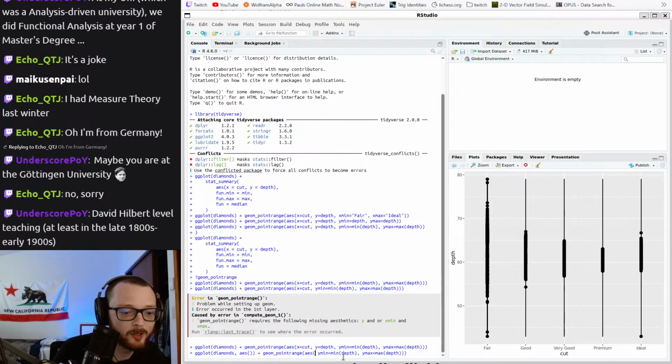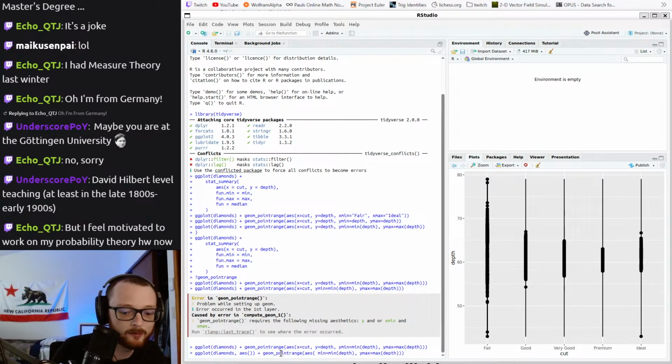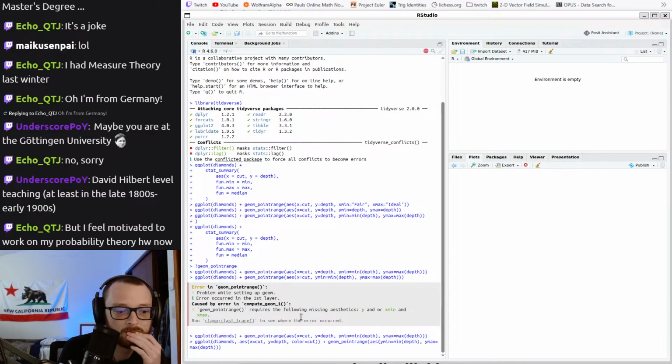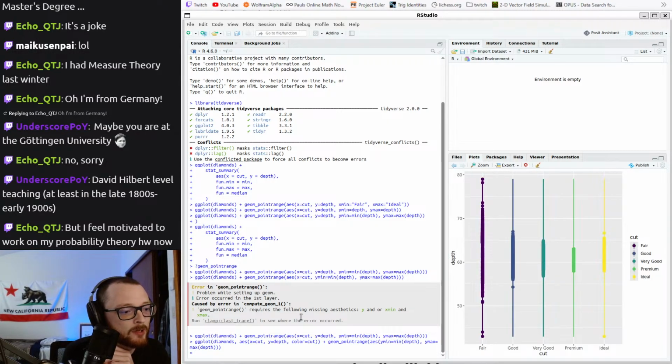I doubt this is gonna work. Let's just, I want to see what it does though. David Hilbert level teaching. This in the late 1800s to early 1900s. Hmm. That makes sense.